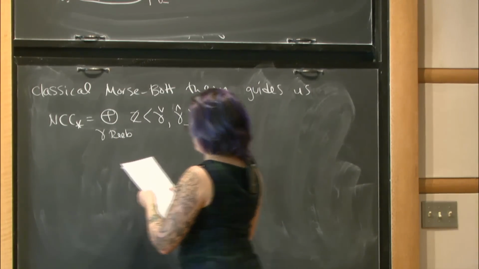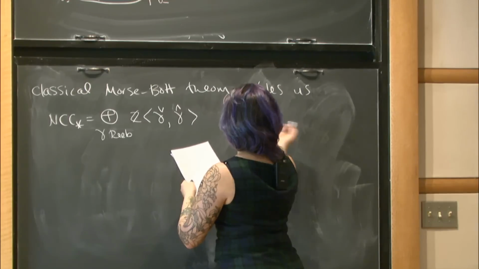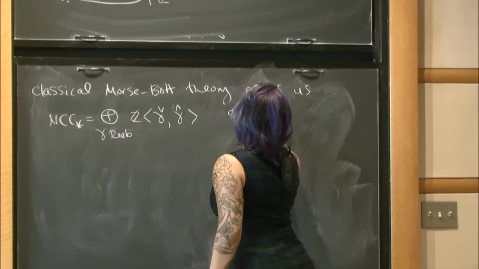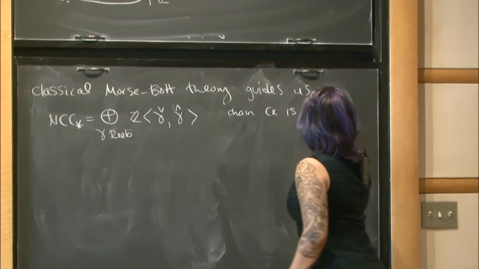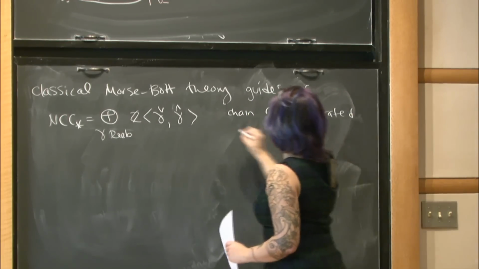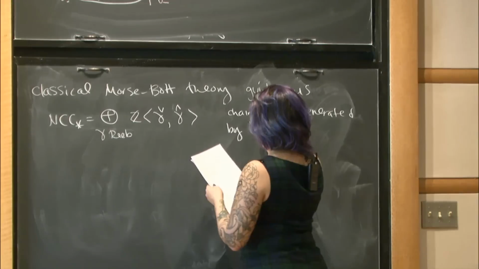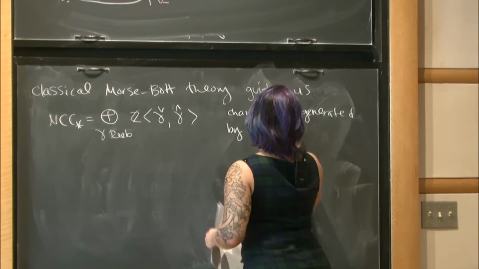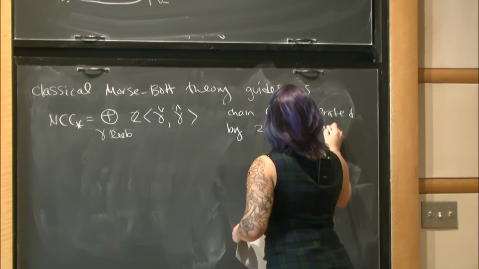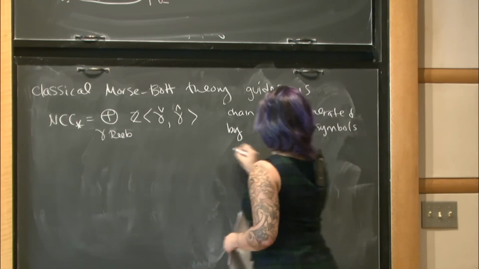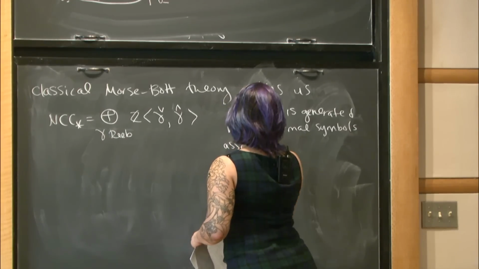So the chain complex is generated by 2 formal symbols associated to each Reeb orbit.